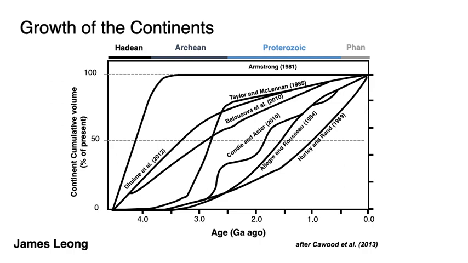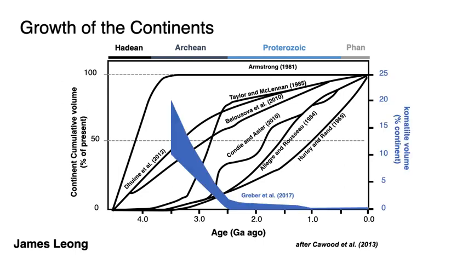If you're wondering why we care about the hydrogen production and the fact that it's greater from peridotites and komatiites, we can return to this plot of the growth of the continents and put the available information we have on komatiites, which are the eruptive version of peridotite composition rocks, on top of this. This is shown here as the komatiite volume, the percent of the continents, and you can see there's some variability in these estimates going back in time, and that they stop in the Archean when we start running out of the rock record.